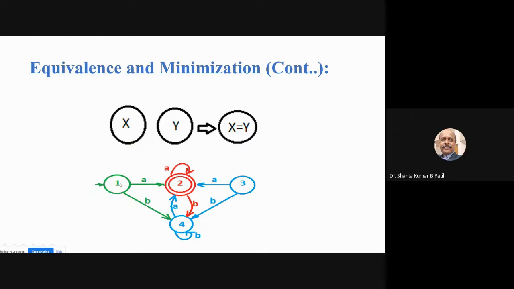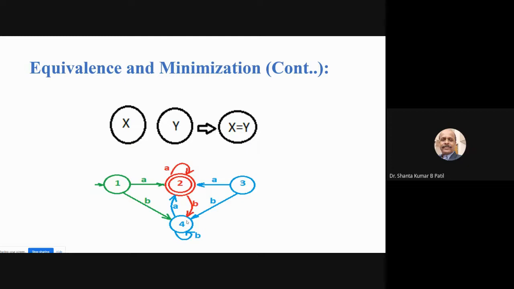So almost on A to the final state, and B to the non-final state. B to the C1 from the 4, B to the non-final state, and 3 on B to the non-final state. So with this, you can conclude the state number 1, 3, 4 are equal.